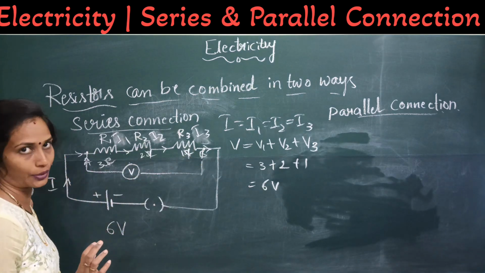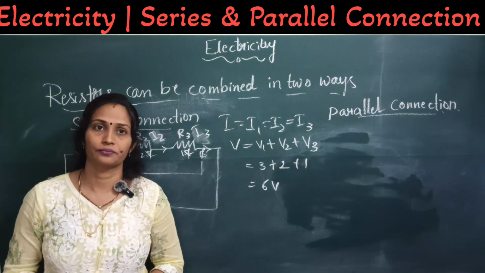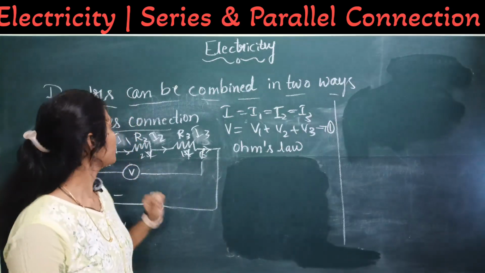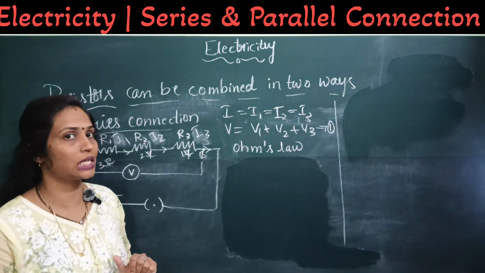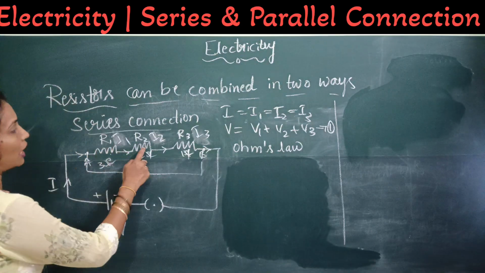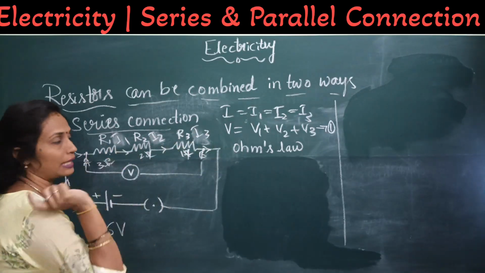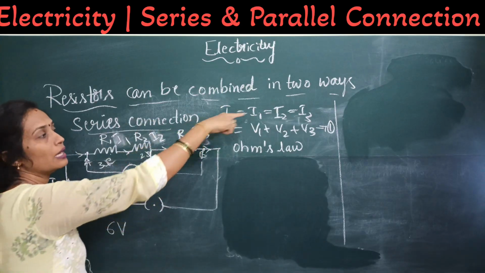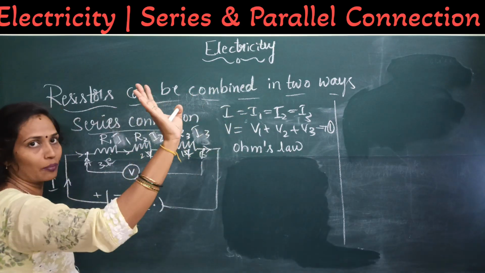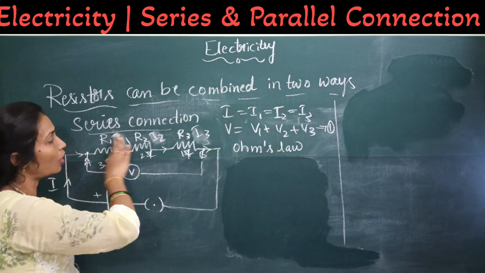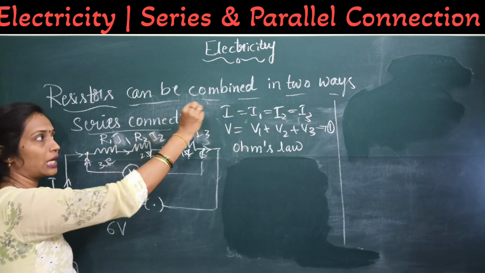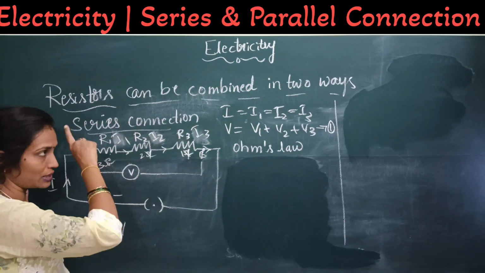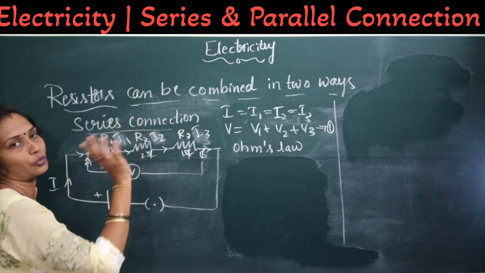In series connection, R1, R2, R3 are connected in a single line, and the current flowing in the circuit is always constant. The same current moves through all the resistances.